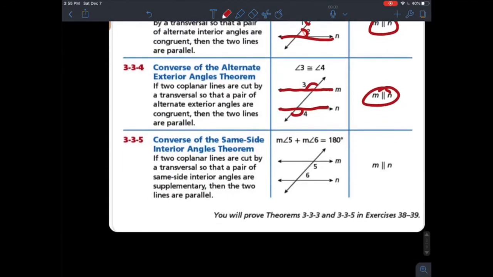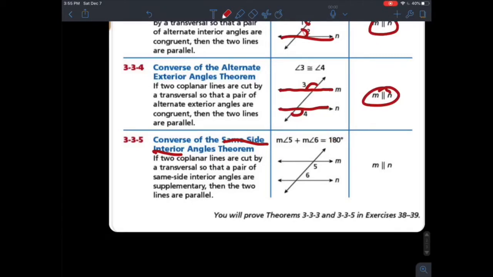And then lastly, we have the converse of same side interior angles theorem. So this is basically saying that they're on the interior and they're on the same side. So if two lines are cut by a transversal so that a pair of same side interior angles are supplementary, then the two lines are parallel. Supplementary means that they equal 180.